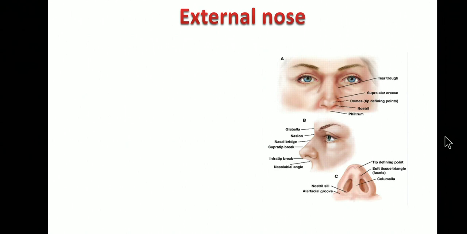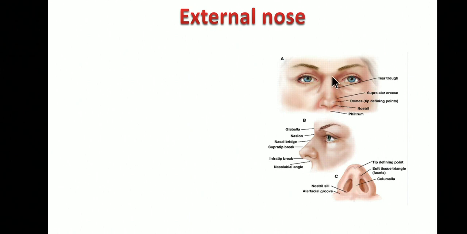Now first of all, we all know that the nose is actually a part of the face. It is a pyramidal projection present in the face. It just projects anteriorly. Now the main parts of the nose are the root of the nose and the tip of the nose.